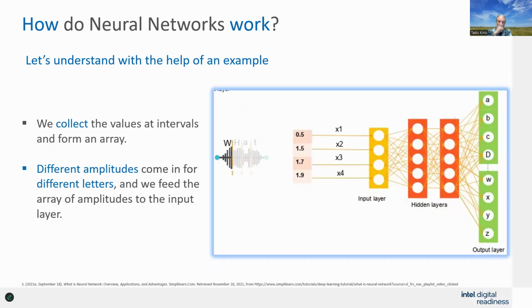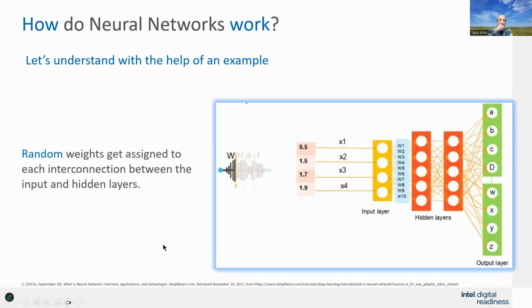And so then all of those become pathways to the input layers with weights upon them, right? We collect the values at intervals and form an array, or a list or whatever. Different amplitudes come in for different letters, and we feed the array of amplitudes into the input layer. I guess we said all that.